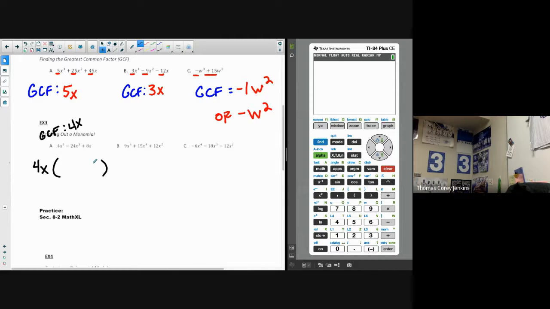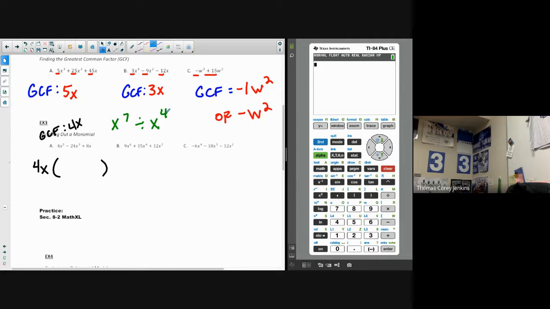But first, I need to review another exponent rule. Let's say we have x to the 7th divided by x to the 4th. What would that be? This is 7 x's divided by 4 x's.